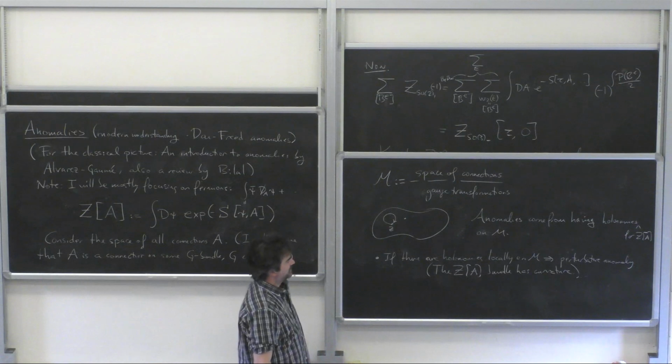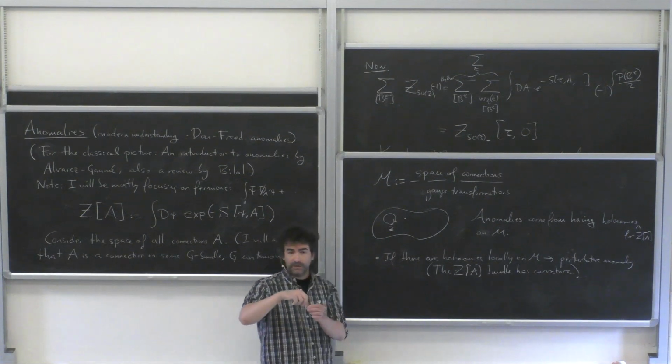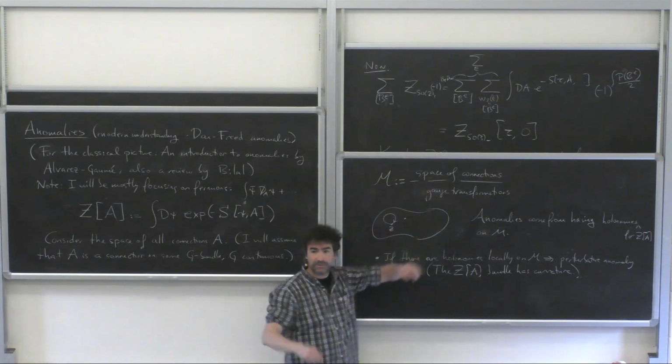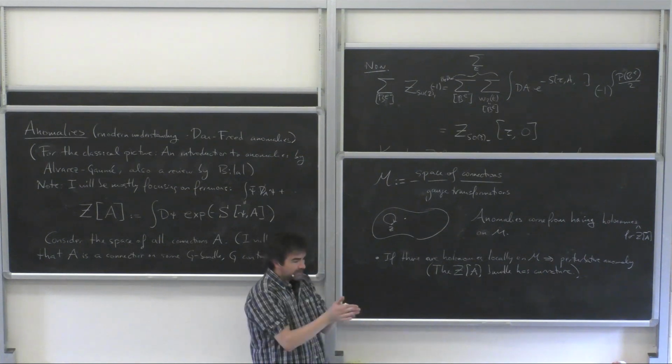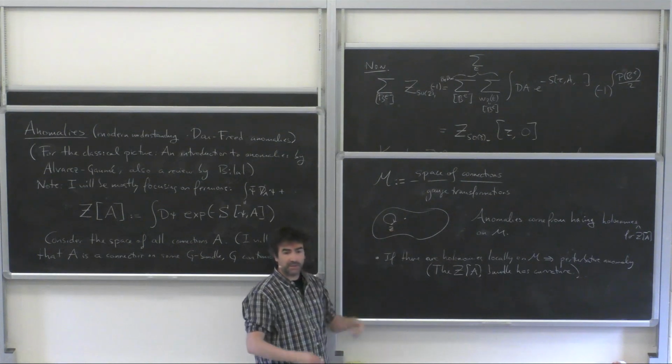Okay, so what does this mean? A little loop in this space is going from A to some gauge transform of A. Right, this is the space modulo gauge transformation, so a little loop can take me to a gauge transform. If in taking a small gauge transformation my Z changes, that's the standard definition of an anomaly.